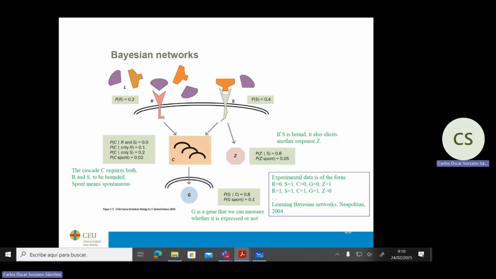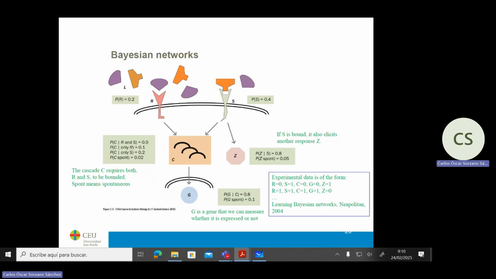If the cascade is active, then the probability of G being expressed is very high. If C is not activated, then the probability of G is very low. And then you have to estimate. Given the probabilities, it is very easy to propagate them.